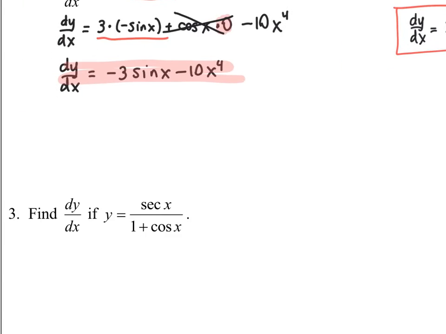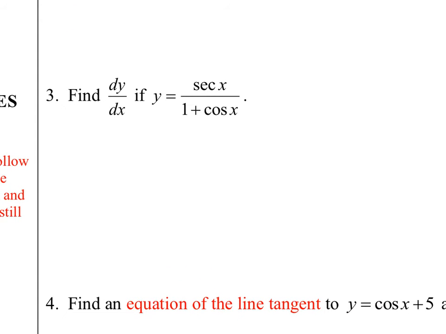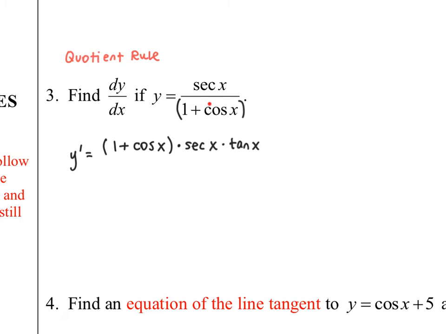On the third example, again, I'm asked to find dy/dx. And this time my y is a quotient, which means I must use the quotient rule. So I'm going to take my bottom function times the derivative of the top. So that's this 1 plus cosine x times, and then the derivative of secant x is secant x tangent x.